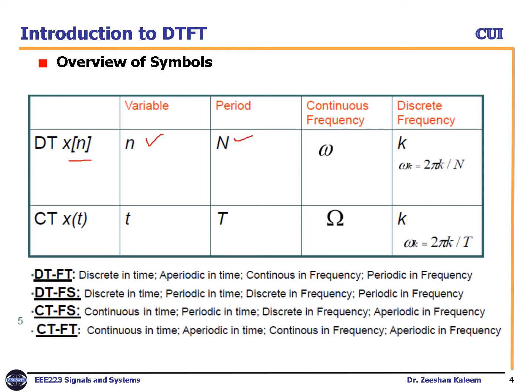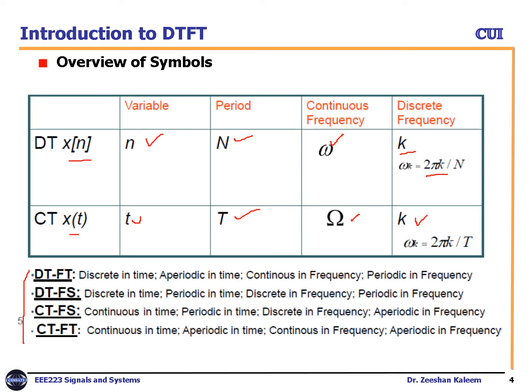For continuous frequency we use the symbol capital omega, and for discrete frequency we use the symbol k, so omega k equals 2 pi k over N. For continuous time we represent the signal as x of t, where t is the variable, and for the period we use capital T, with omega the symbol for frequency and k for discrete frequency.